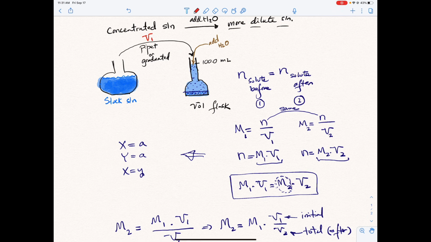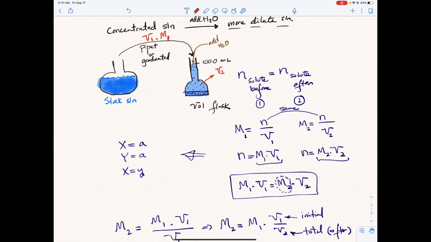Okay. And because you are taking the solution of the stock, this will be M1. The concentration, whether you take any volume, 5 ml, 10 ml, 20 ml, has the same concentration. We call it M1, the initial concentration. And then here, of course, we have a V2.